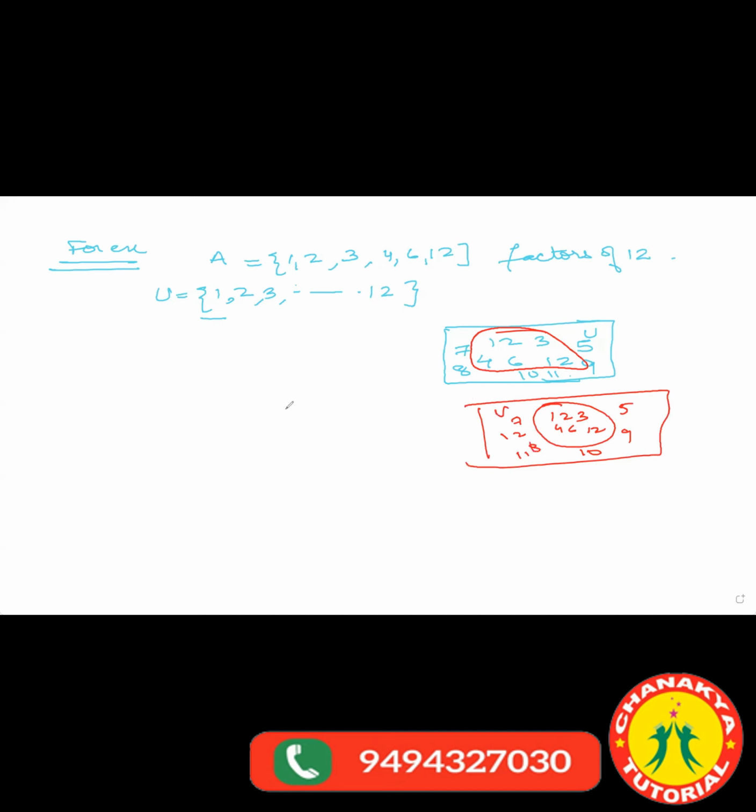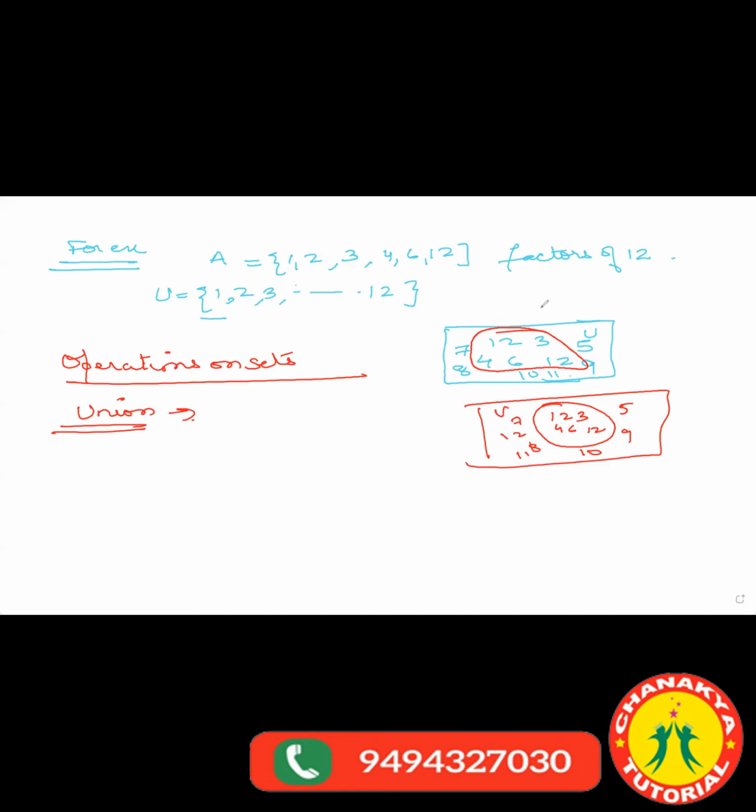Understood? Now next, operations on sets. First comes union. What do you mean by union? As all of you say, in our class there is unity among these children, these boys, these girls.